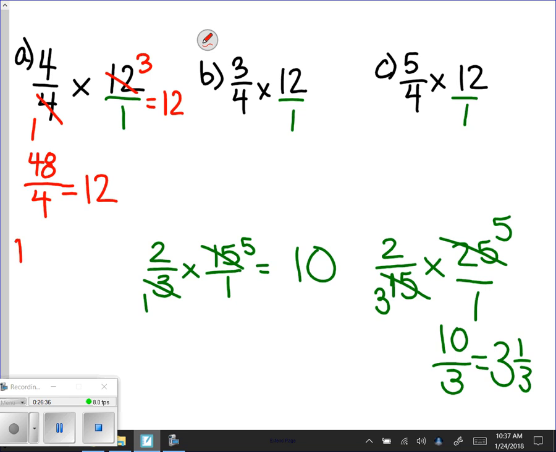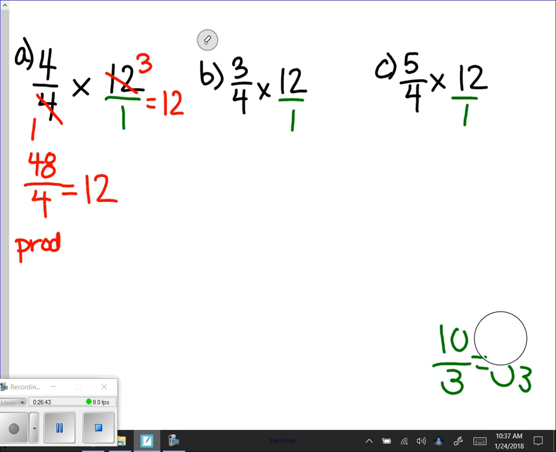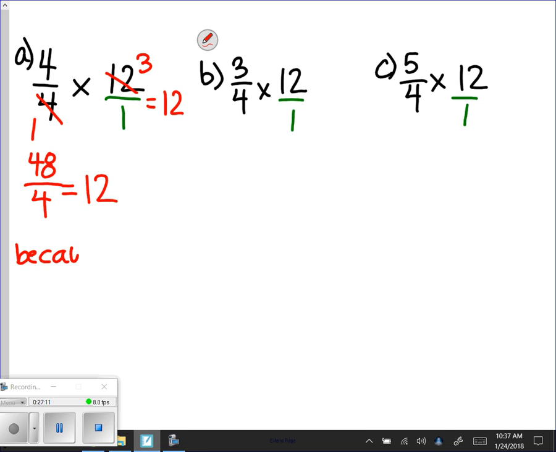So we got this. The 4/4 times 12 was equal to 12, because you multiply by 1.